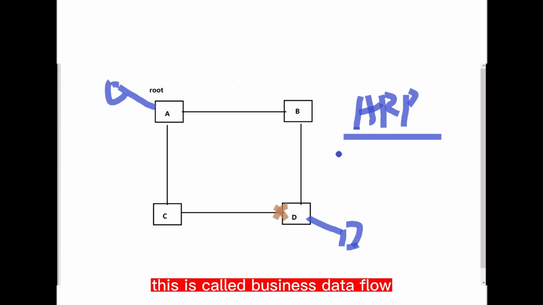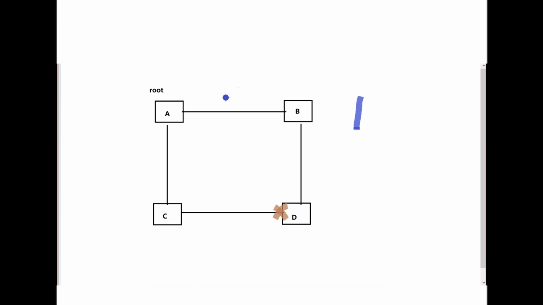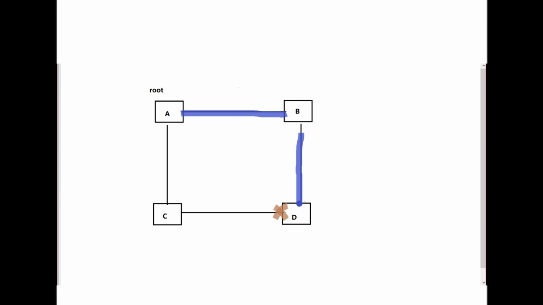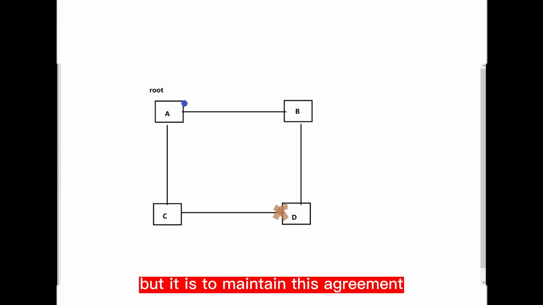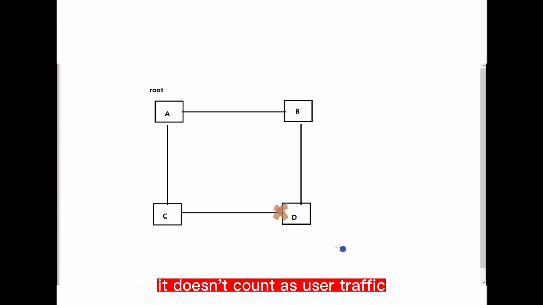This is called business data flow. Under normal circumstances, these links forward the traffic of running users. Certainly, our daily STP protocol packets also run here, but they are to maintain the protocol. They don't count as user traffic.